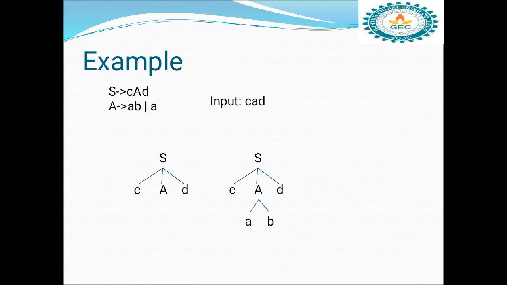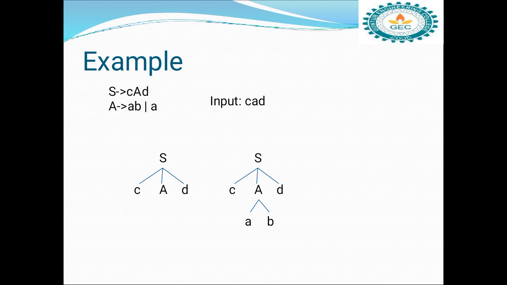Replace A with AB, sorry, CABD. So the final output is CABD, but the given input is CAD. So there is no solution selecting A tends to AB. So there are no possibilities.